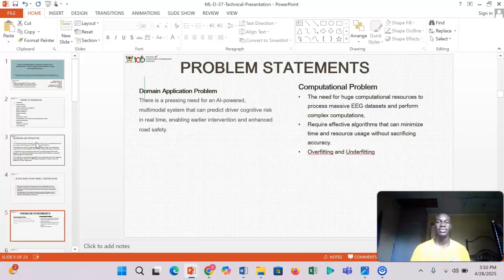To move on to the problem statement, the domain application, the need of an AI-powered multimodal system that can predict the driver cognitive risk in real time.